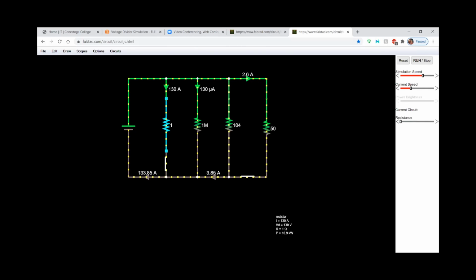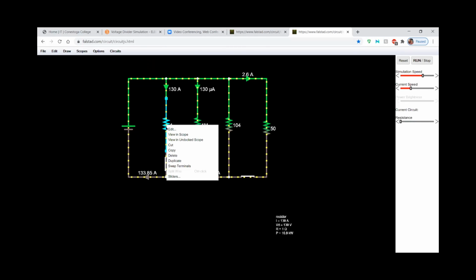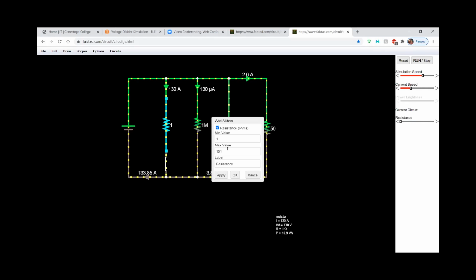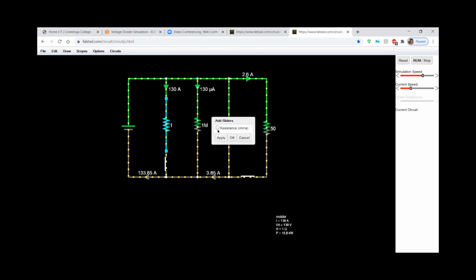If we go back to its normal condition, let's check something here. Oh, sorry, I had the wrong slider. Okay, sliders here. How many ohms was that one? Remember? How many ohms was that resistor? 25 ohms. Okay, perfect.